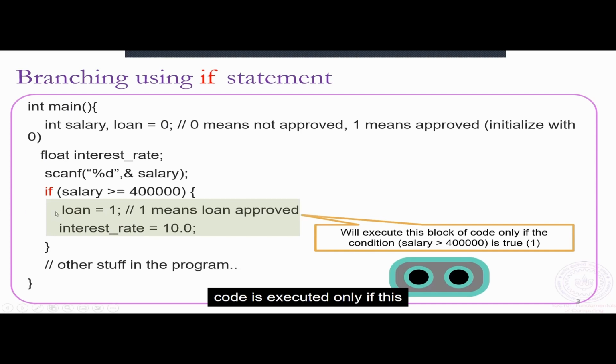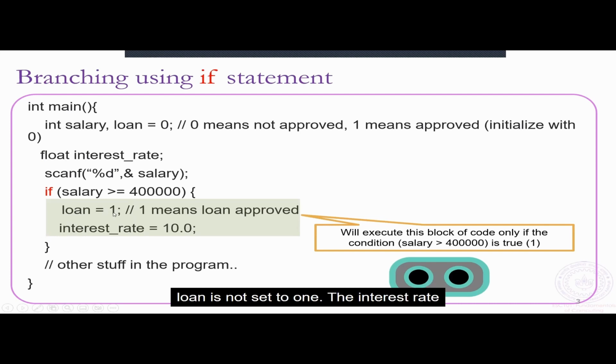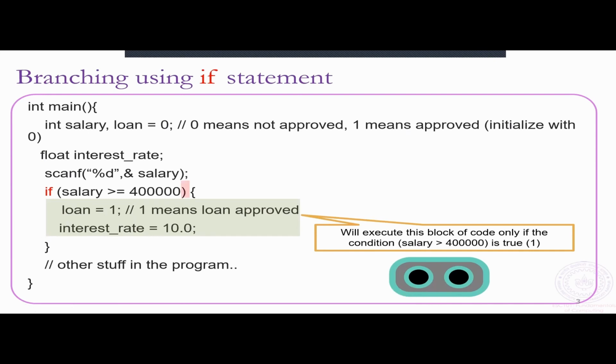This code is executed only if this condition is true. If not, then this code is skipped over. So the loan is not set to 1, the interest rate is not specified, but we continue to do other stuff in the program.